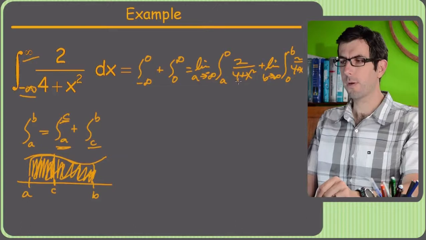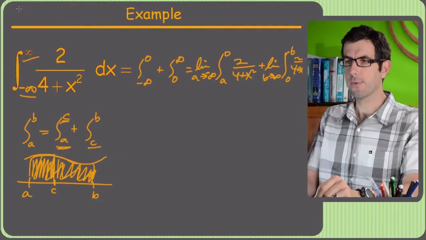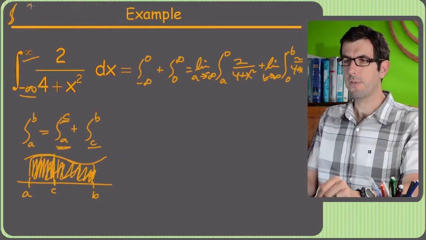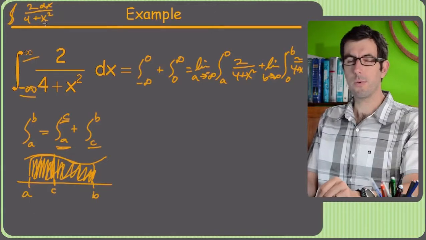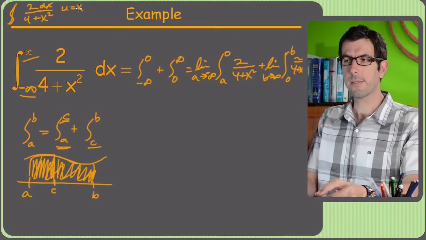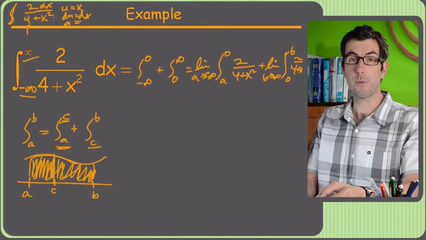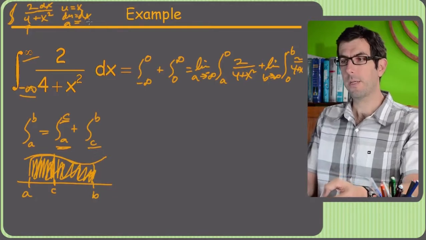So let's break out this integral separately: the integral of 2 dx over 4 plus x squared. In an arctangent, our u is whatever's getting squared, so in this case u equals x, which means our du is just dx, so that's great. And the number here, 4, is a squared in the arctangent formula, so a equals 2.